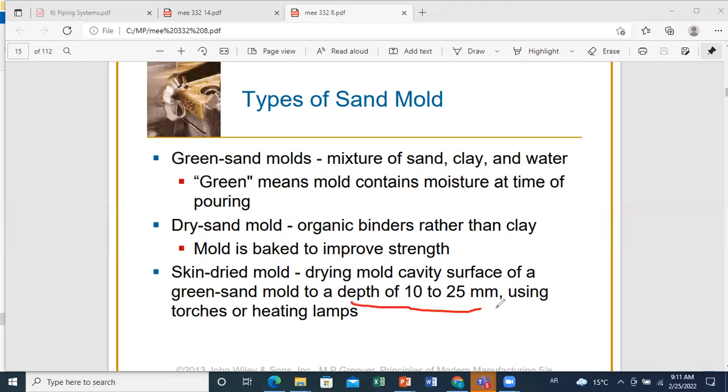This can be done by heating techniques that will give the surface a stronger characteristic than the remainder of the mold. And you know that the surface is the most critical part because it will be in direct contact with the object, which will give you the final pattern at the end.